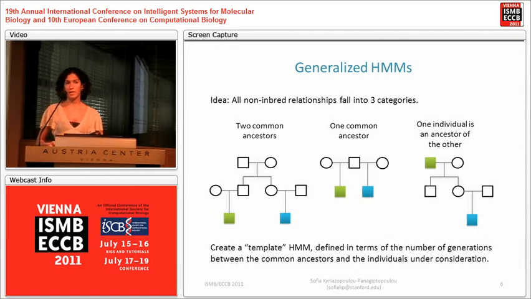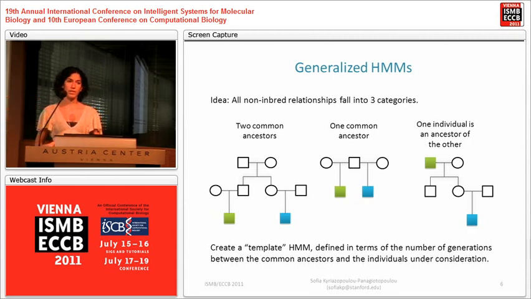The key observation here is that all relationships between non-inbred individuals must fall into exactly one of the following three categories. Relationships with two common ancestors, such as full siblings or first cousins, relationships with one common ancestor, such as half-siblings, or relationships where one of the individuals is the ancestor of the other.